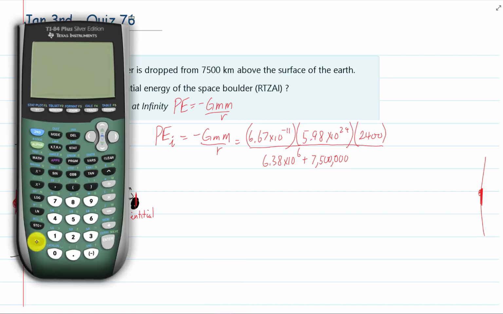So we will go G, mass of the Earth. I already have these numbers programmed in as constants, times 2,400, divided by bracket, the radius of the Earth, have that in there as a constant too. And then I have to add 7,500,000.